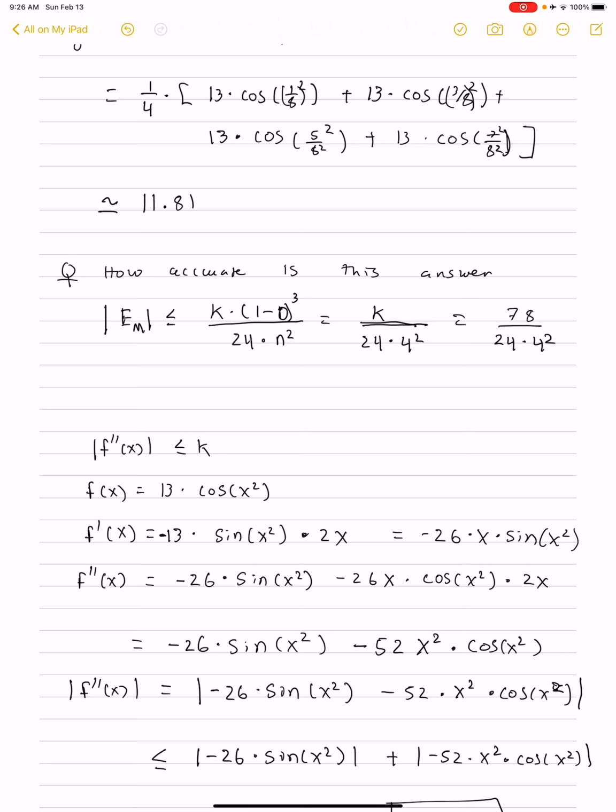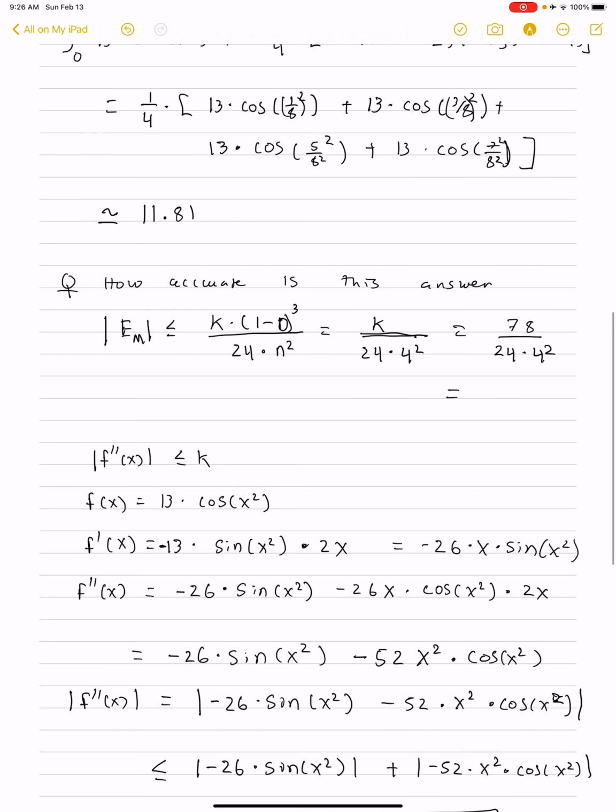And now I just need to type that into my calculator. That will be approximately 0.2. So I know that this answer is good to within 0.2 of the actual answer.